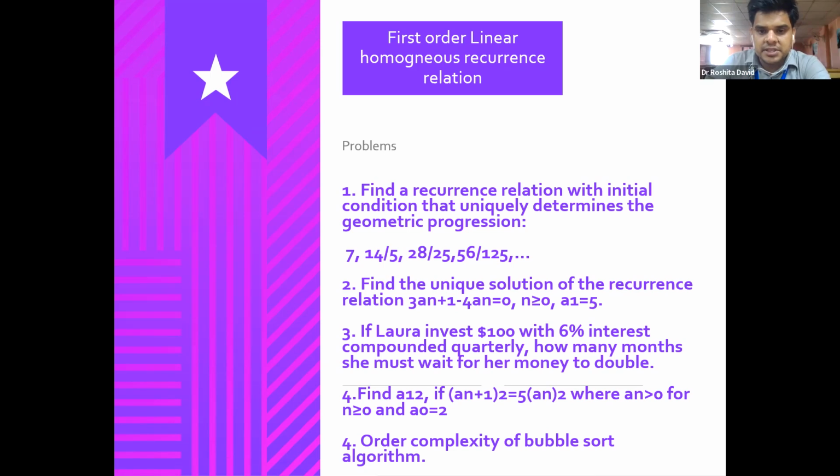So 2 by 5 is the common ratio. So what's going to be the equation? Equation is going to be an is equal to r into an minus 1. So an is equal to 2 by 5 into an minus 1. This is going to be the recurrence relation, right?